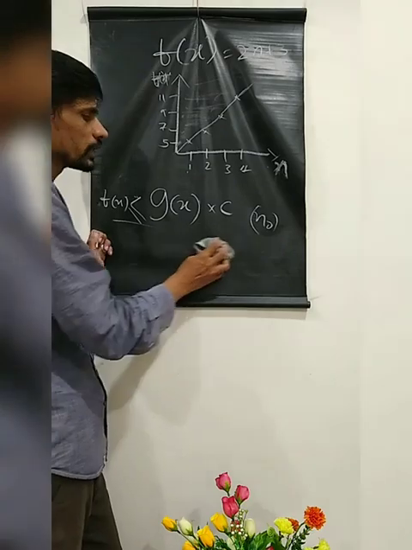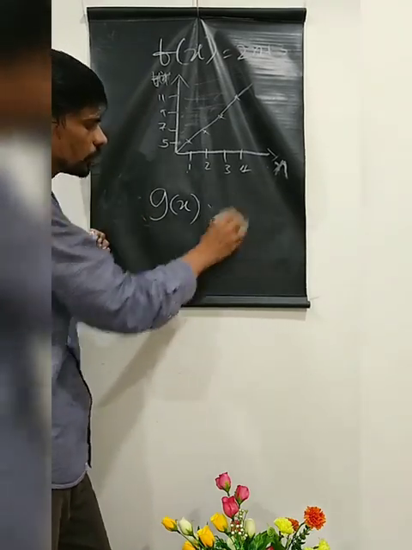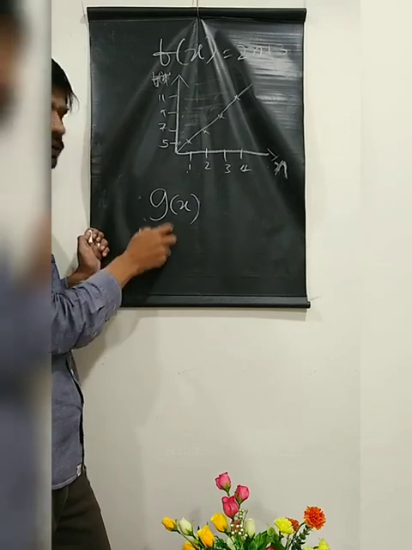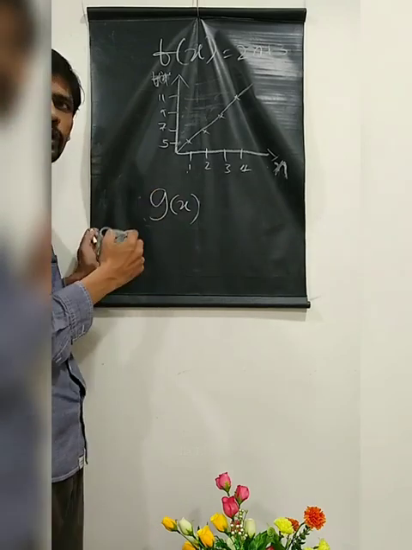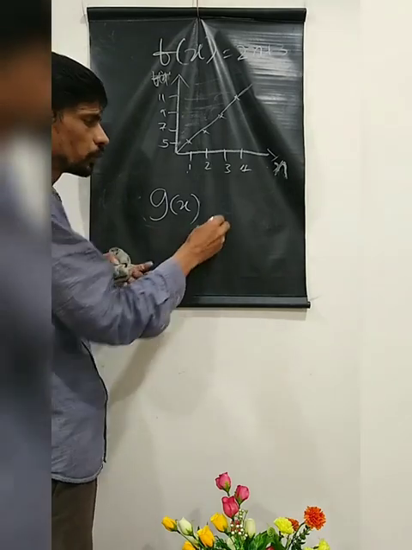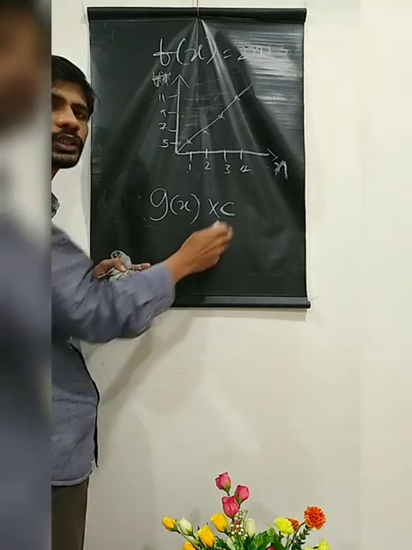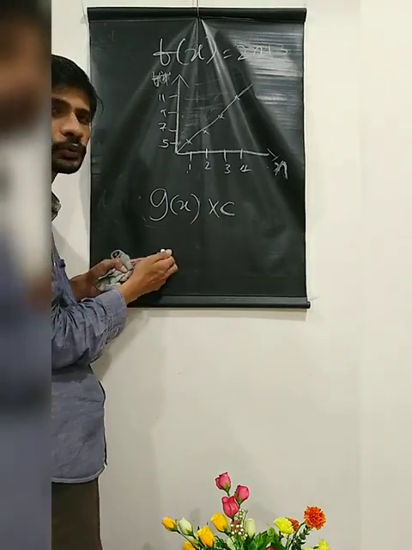In the same way, we will try to find a function g(x) and multiply it by a positive constant c, which can be any positive number.